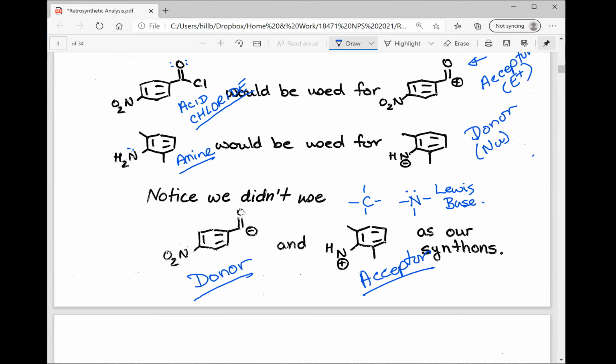Carbon, to make it an electrophile, all we need to do is basically attach an electronegative atom of some type to it, right? To make carbon into a negative takes a bit more work. And certainly to make nitrogen into a positive takes a bit more work. So we're going with what they do best.